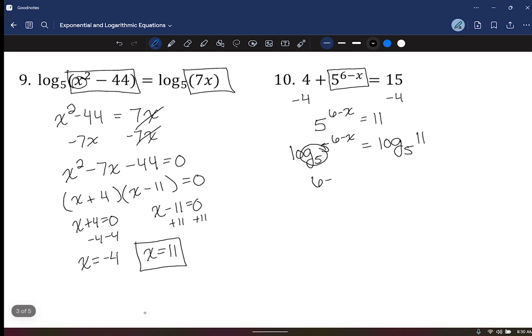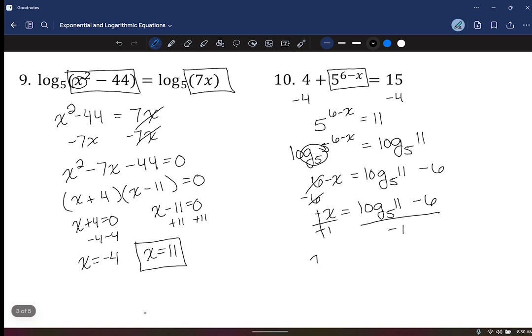I have 6 minus x equals log base 5 of 11. All I have to do is subtract 6. And remember that 6 does not go with that 11. So that gives me negative x equals log base 5, 11 minus 6. And then I just divide by negative 1.